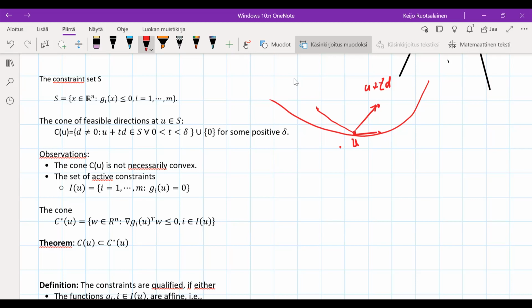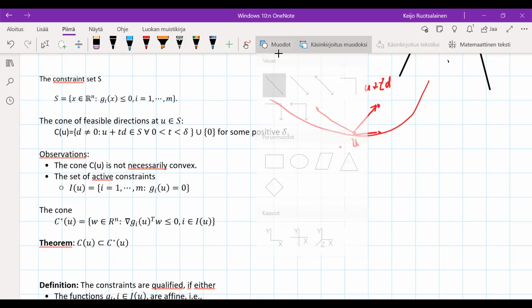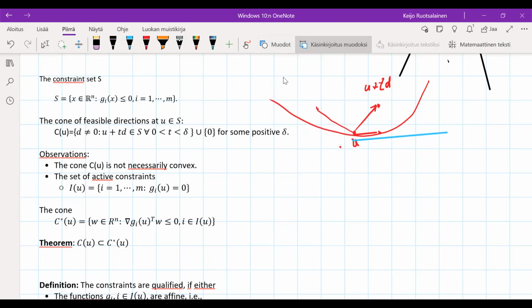These directions approach the tangent line.